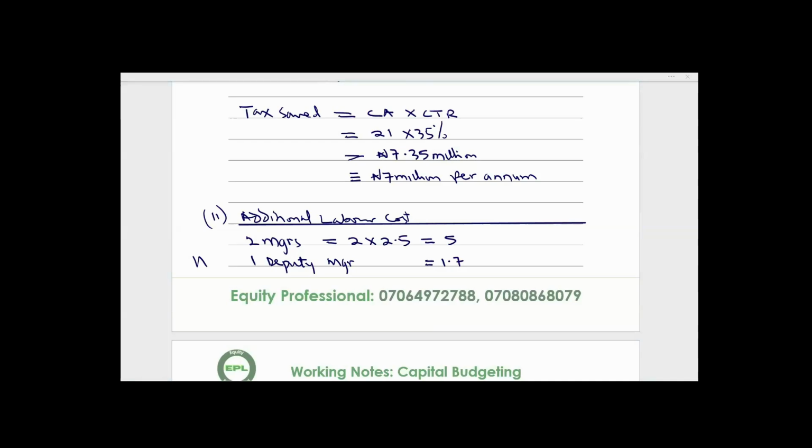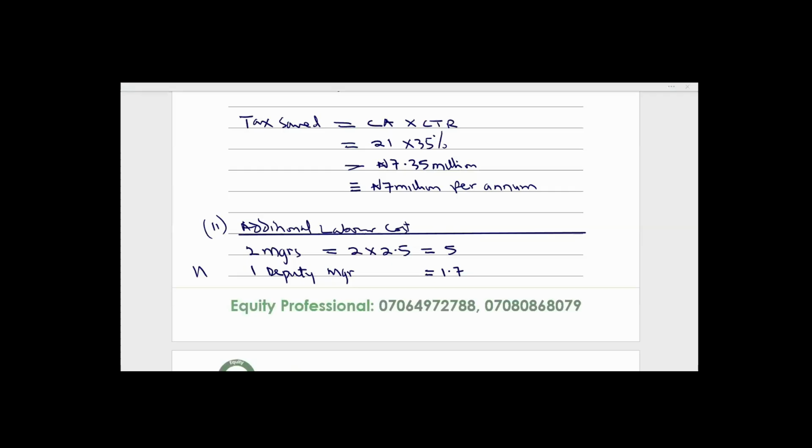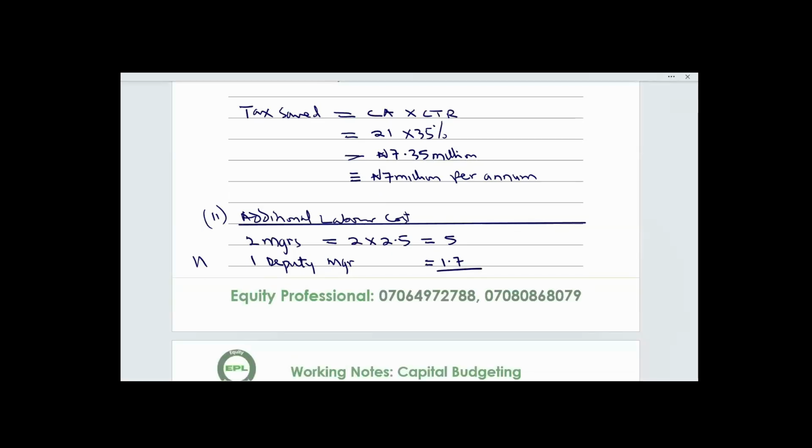So the replacement cost of 1.7 is the only relevant cost. The existing cost of 2 million naira is irrelevant. Okay, so I will then add it up. This will give us 6.7 million per annum. That's the total additional labor cost.